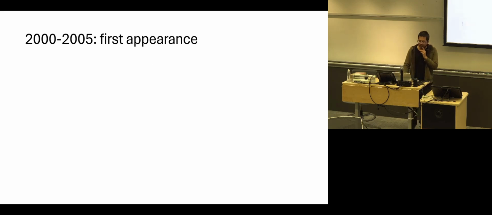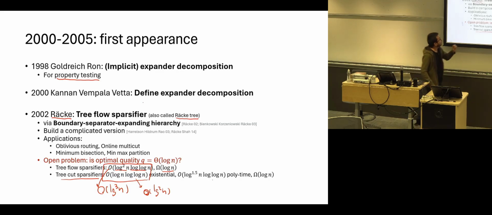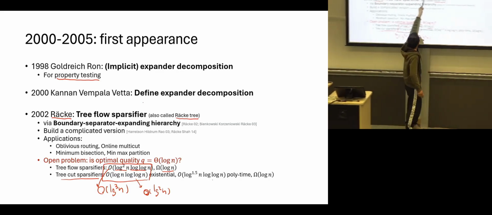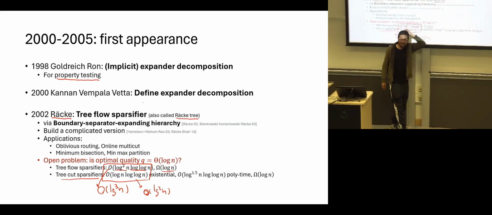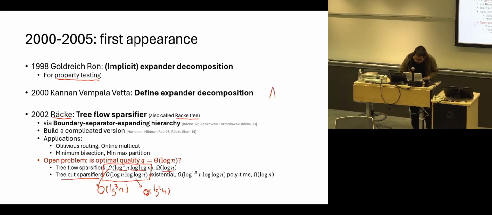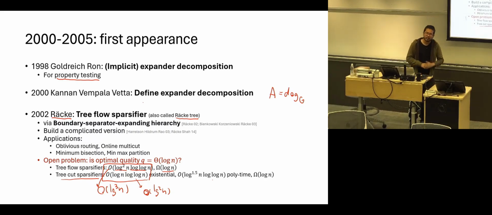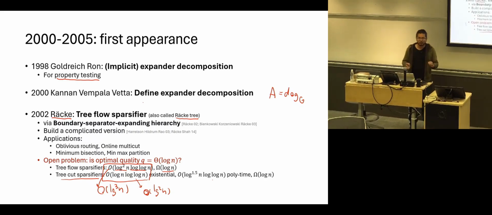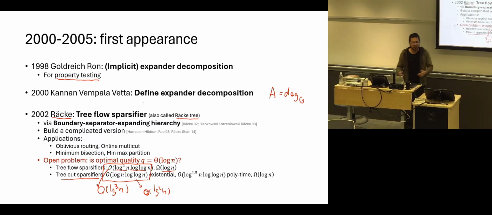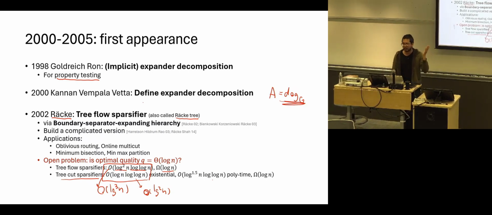Okay. And then this expander decomposition is defined based on a fixed node weighting, which is the degree. Actually, most of the time when people have been talking about expander or expander decomposition, they have been talking about this node weighting, the degree node weighting.